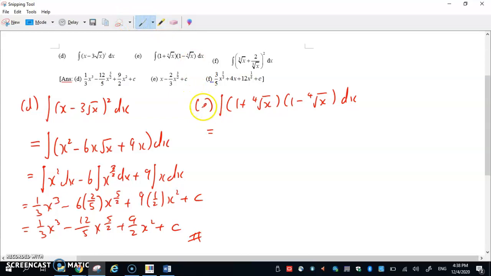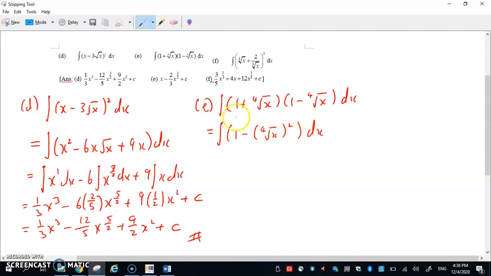Okay, part E. Notice that in this expression, immediately you can simplify it to become the integration of 1 minus root 4 squared dx.